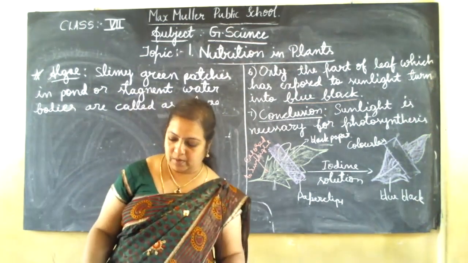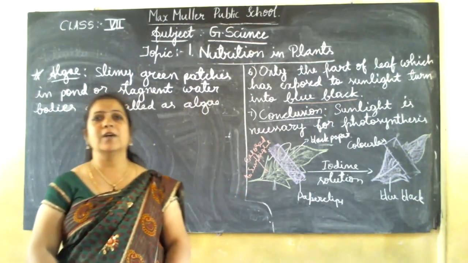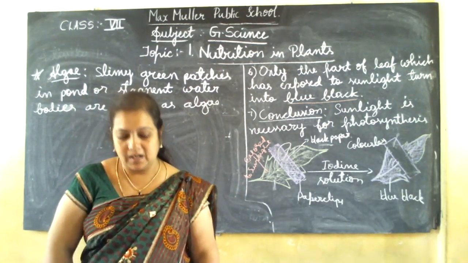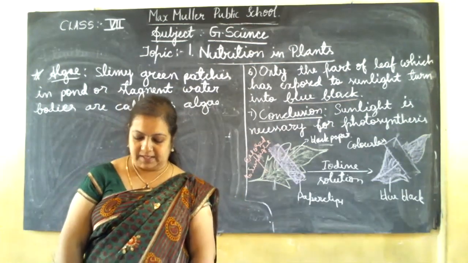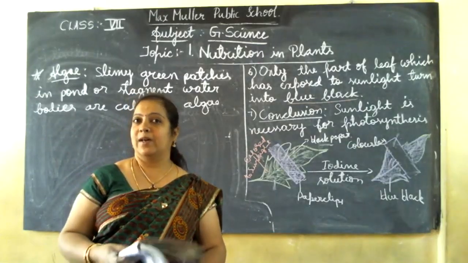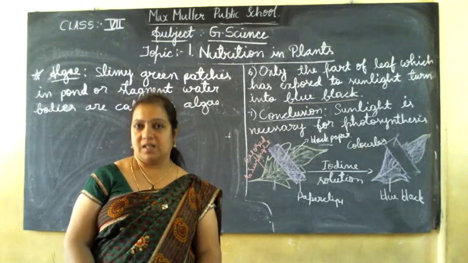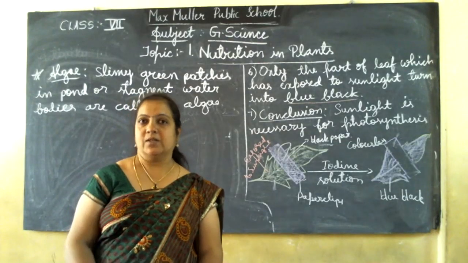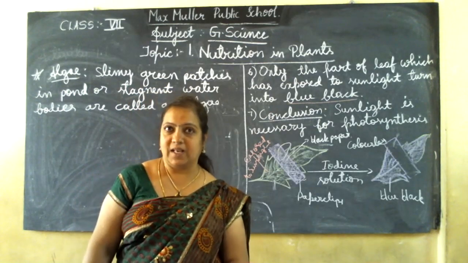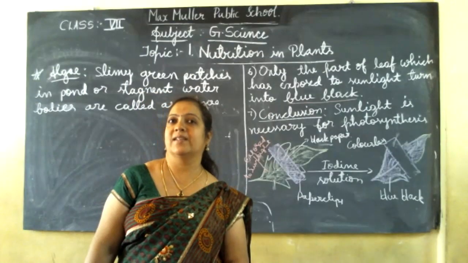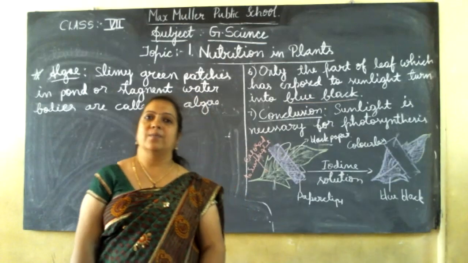Understand, children? Now, who prepares the food, that we have seen. The next part is what they prepared: carbohydrates or starch, as I told. But that is not the only thing. Plants require many other things.